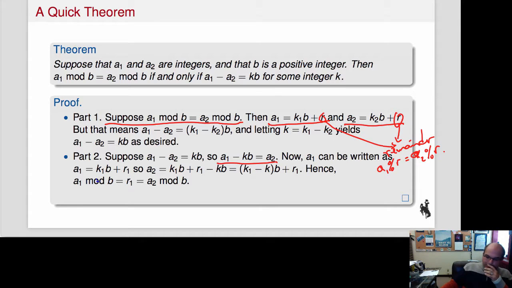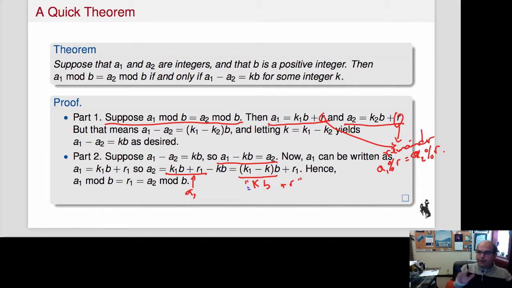So a2 is k1 b plus r1, which is just a1, minus kb. After I combine the b's, this is like k b plus r.